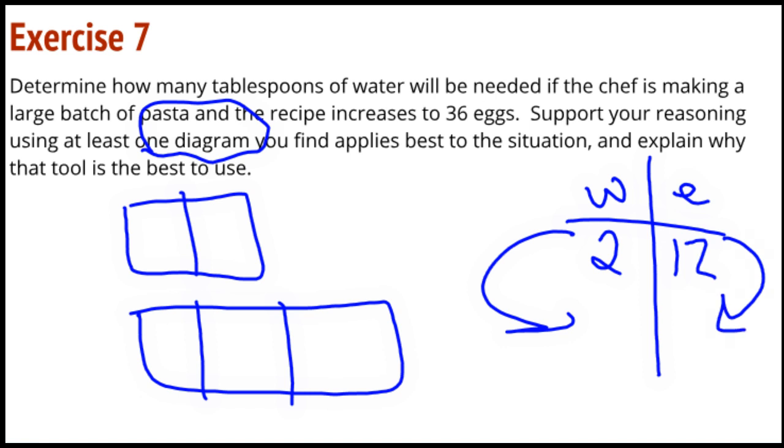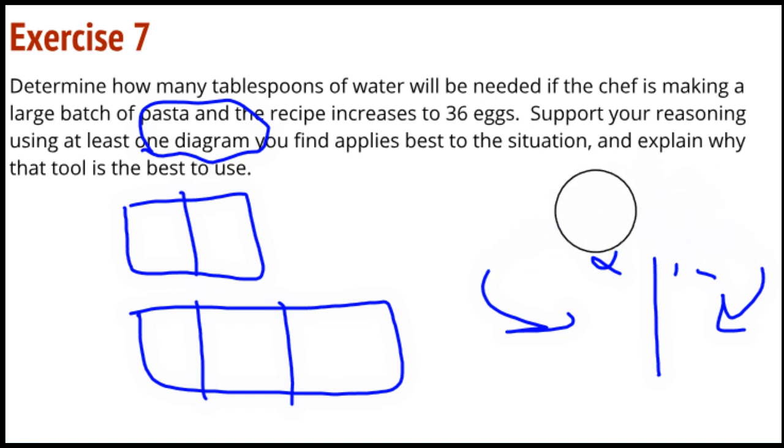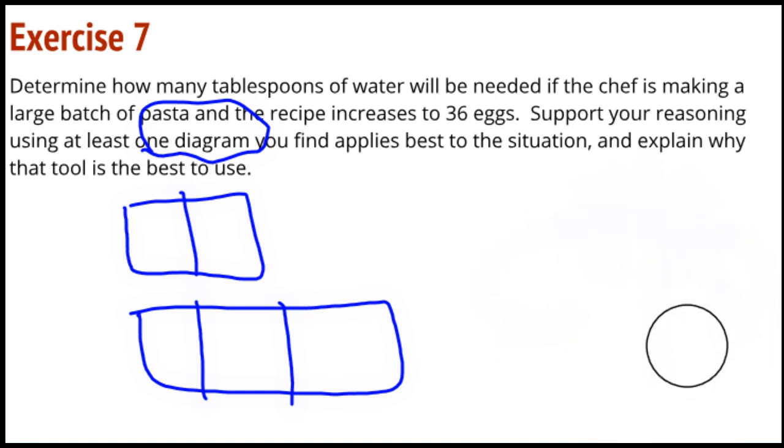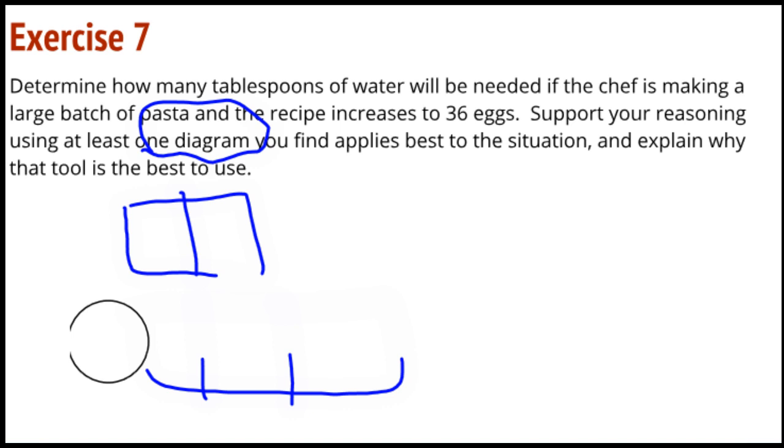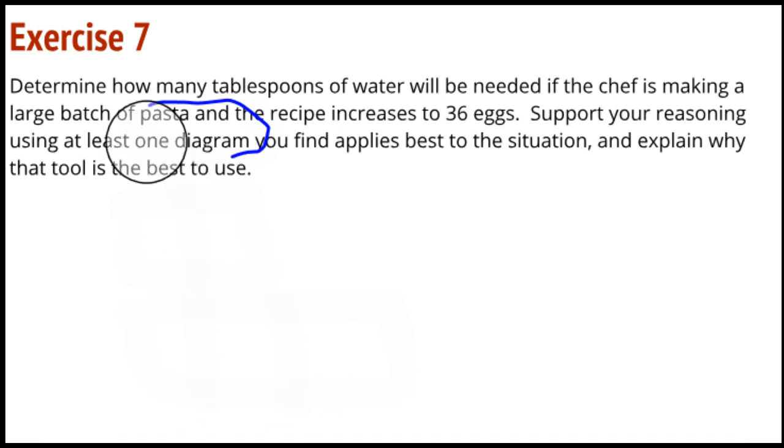It is fair to say that the table is probably not as much of a diagram as the tape diagram or the double number line or the graph. If we were to talk about which ones are truer diagrams, the double number line, the tape diagram, and the graph would be much more in a diagram category than the equation and the table of equivalent ratios.